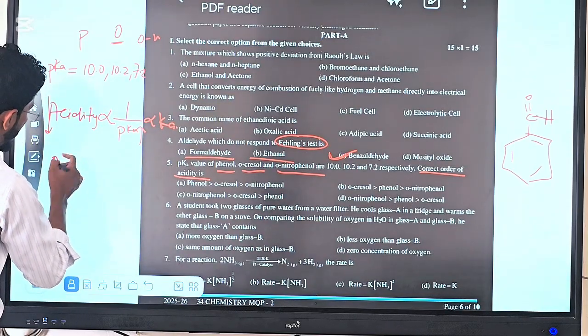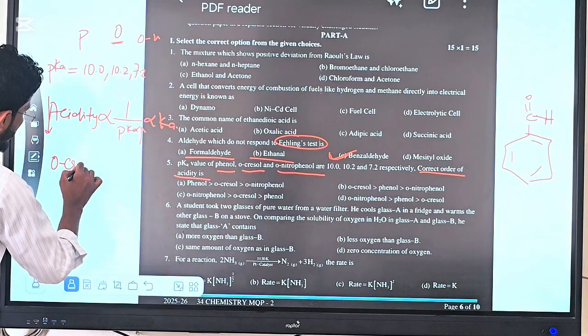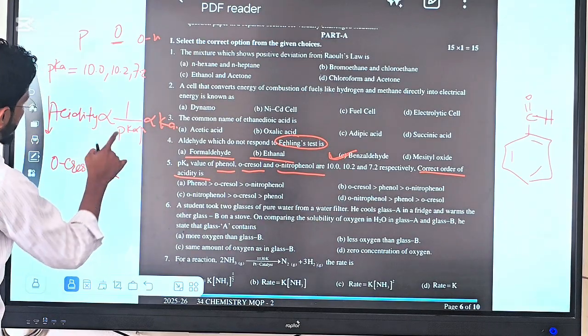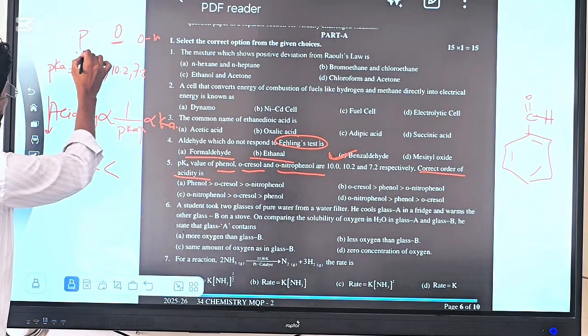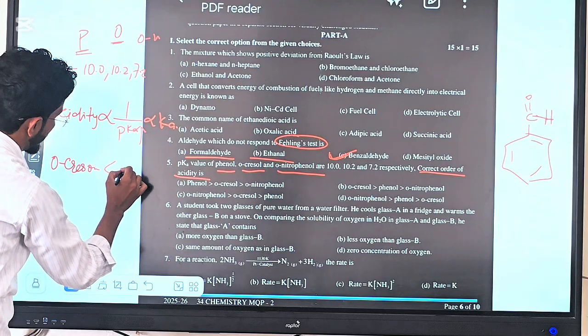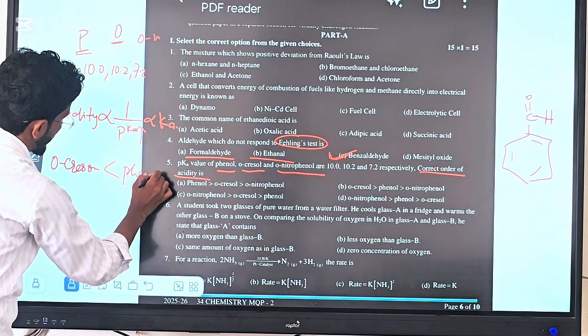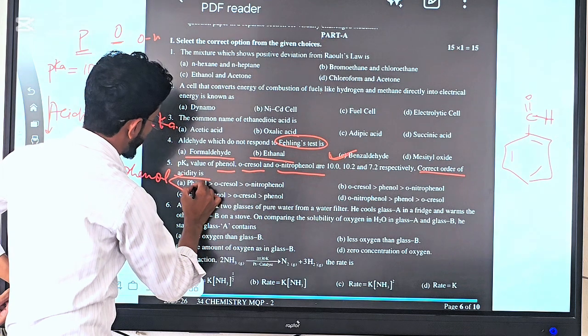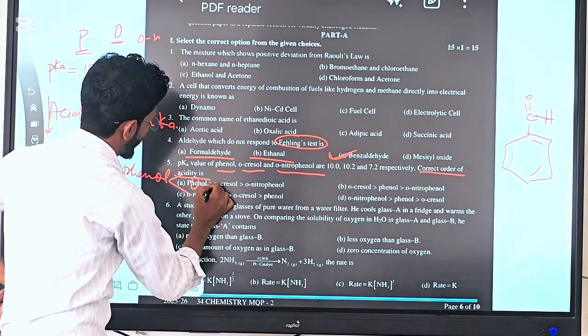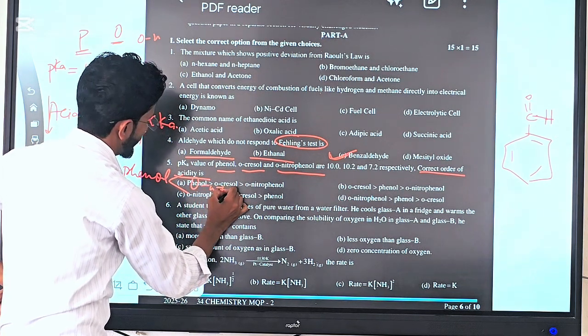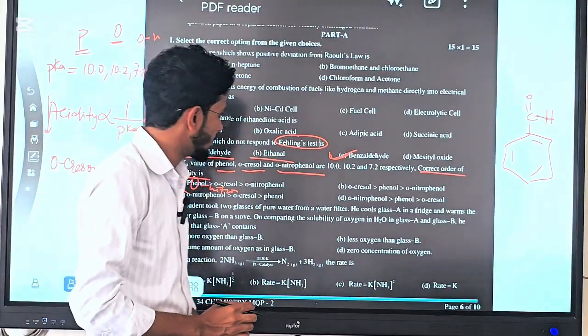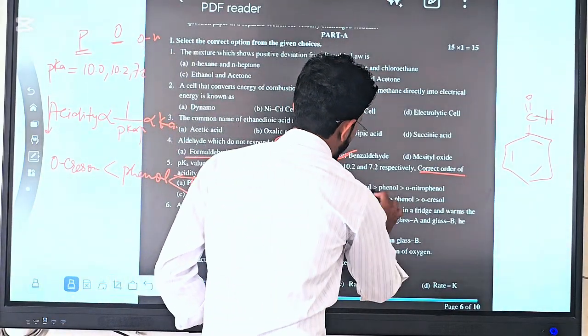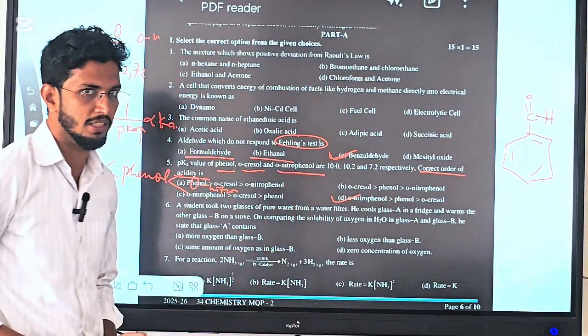Last में कौन चला जाएगा? In last O-cresol. Then after that is phenol. Then after that, maximum acidic character will be O-nitrophenol. The correct answer will be maximum O-nitrophenol, then phenol, then O-cresol. Answer will be D.